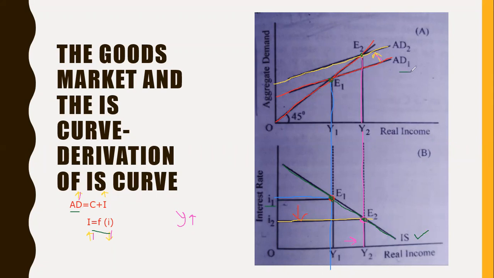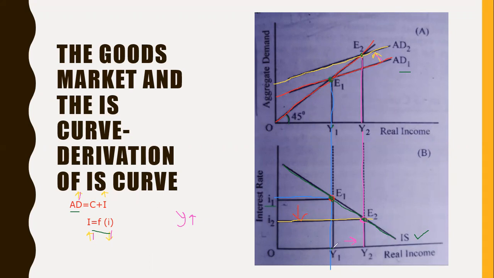So accordingly, the prevalent aggregate demand curve is AD1. We already have the 45-degree line in the diagram. So the 45-degree line intersecting with AD1, the equilibrium point we arrived at is E1. This gives us income Y1. That we also stretched down to the lower panel.